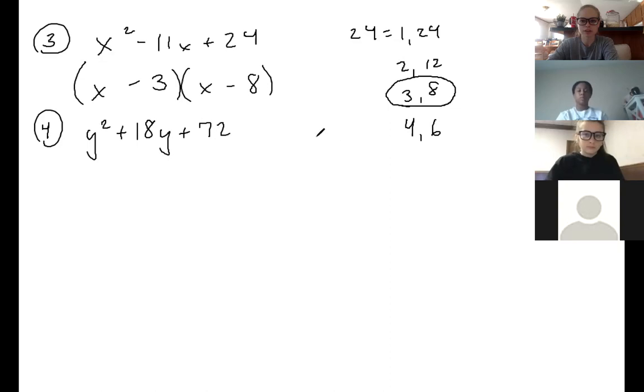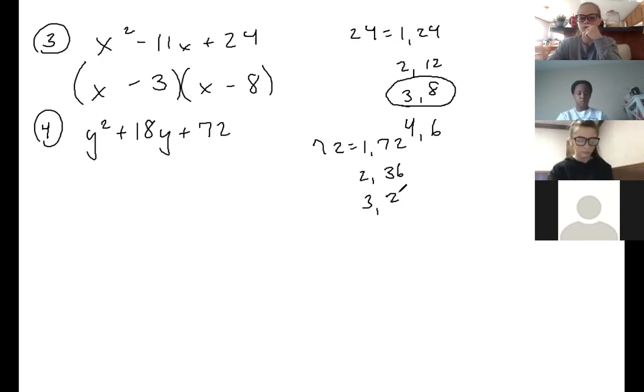All right, same here. List out your factors of 72. So that's 2 and 36, 3 and 24, 4 and 18, 6 and 12, 8 and 9.